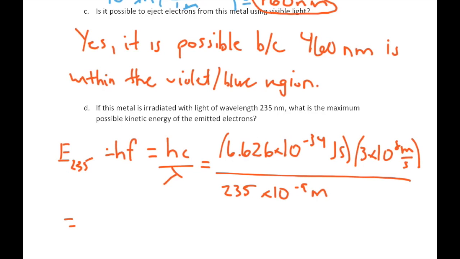So after multiplying here, I'm just going to do that in my calculator quick, and we'll divide. Okay, so we're going to get 8.46 times 10 to the negative 19th joules.